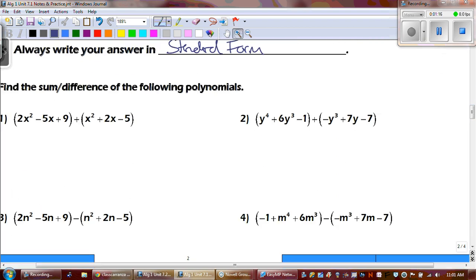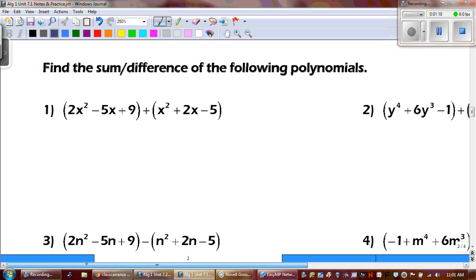So let's take a look. Zooming in, we're doing number one. To get rid of parentheses, I want to distribute a positive one. We always want to look. So we're adding, so when we distribute, we would be distributing a positive one. When I multiply everything by 1, I just get the exact same thing.